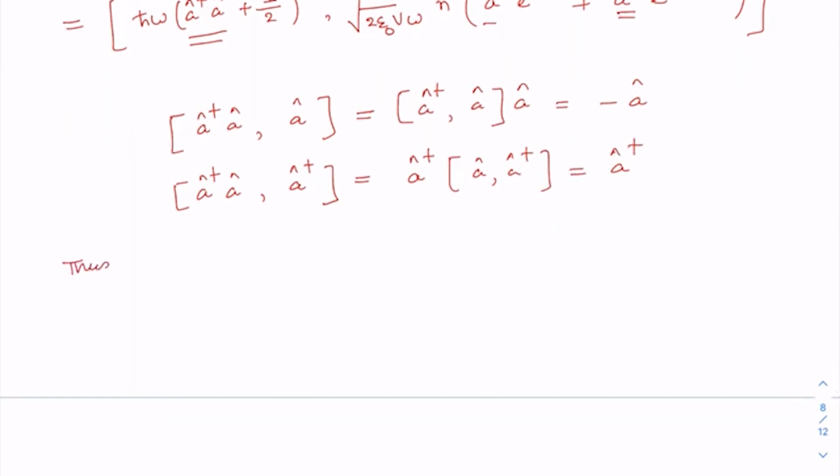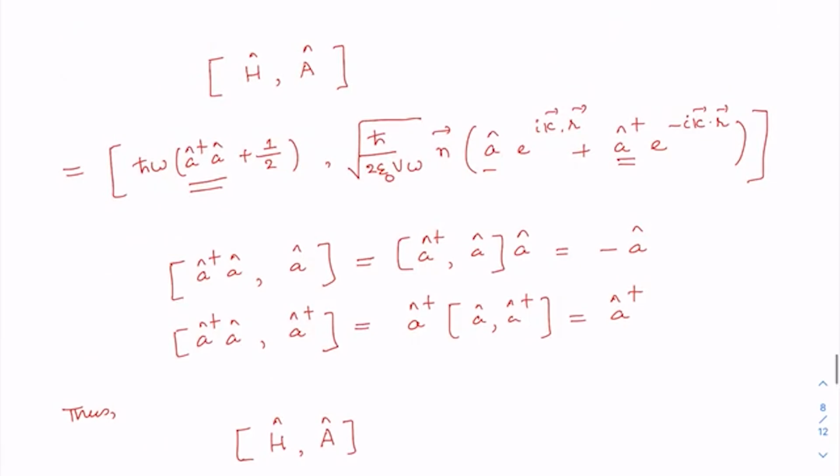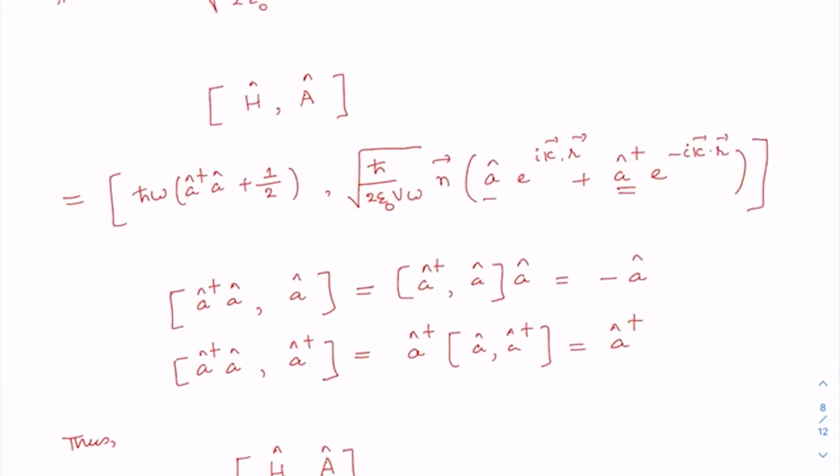Therefore the commutation relation between the Hamiltonian and the vector potential would be equal to, I can just take these things out, ħω. So we'll have ħω here, ħ divided by 2ε₀Vω under root, and this η vector. I already know these two relationships, so I have to utilize them here.